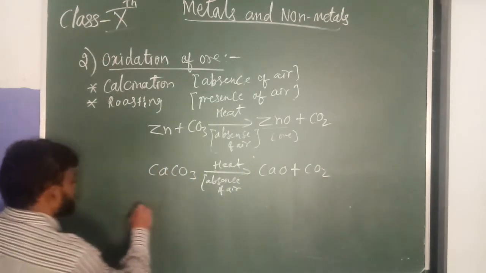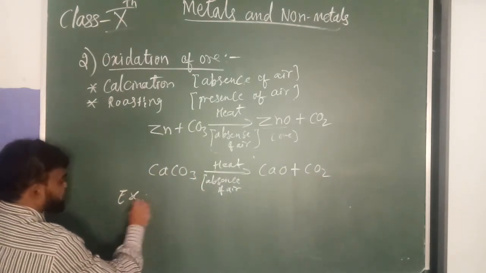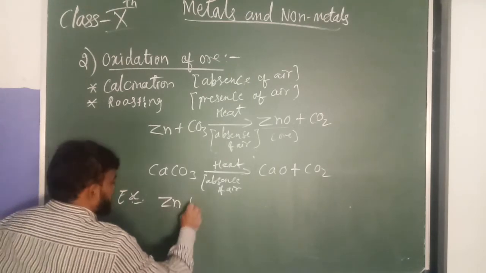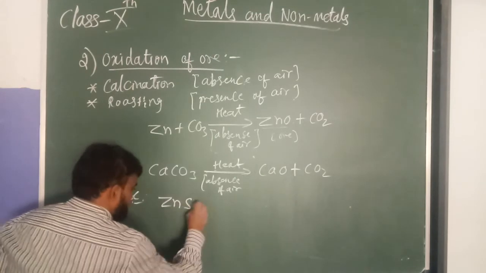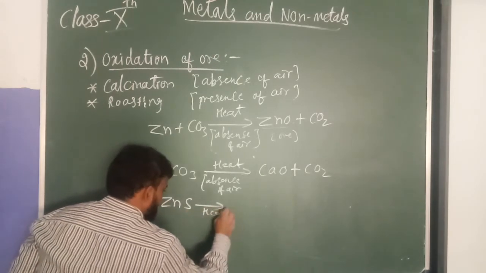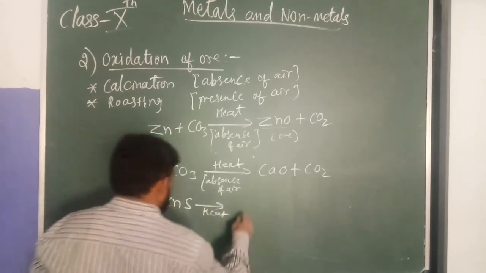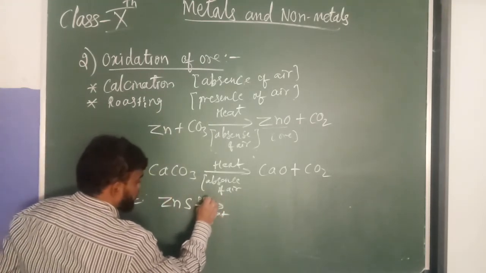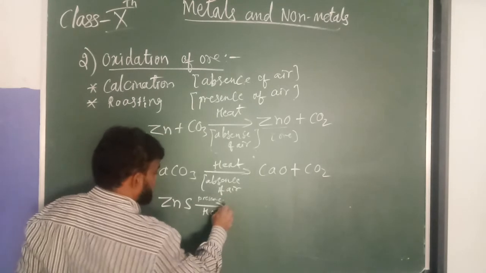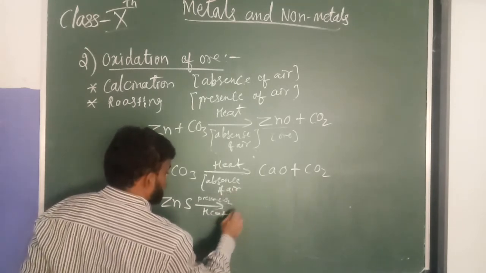So if you take an example here, ZnS, if you heat it, what will it give? Zinc oxide, in the presence of air. Presence of air means oxygen will be there. You have to remember O2 will be there.